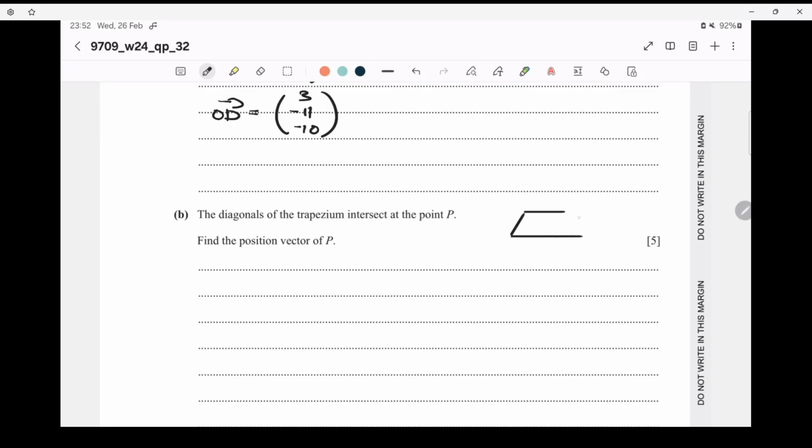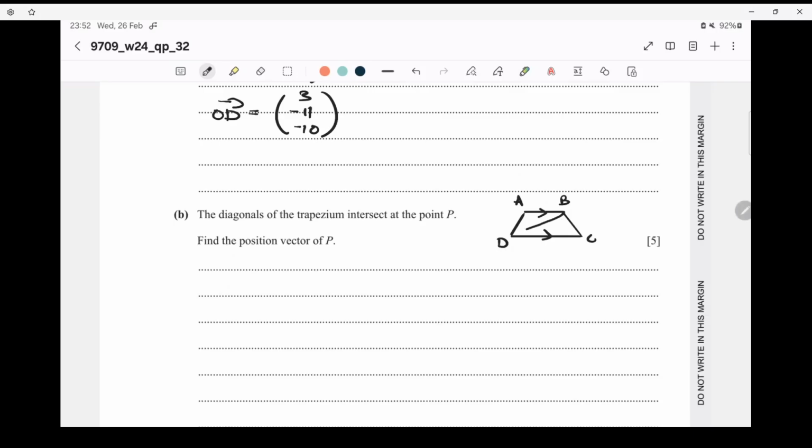Okay, let's say this is your trapezium. Let's say this is A, this is B, this is C, this is D. So DC is equal to 3AB.